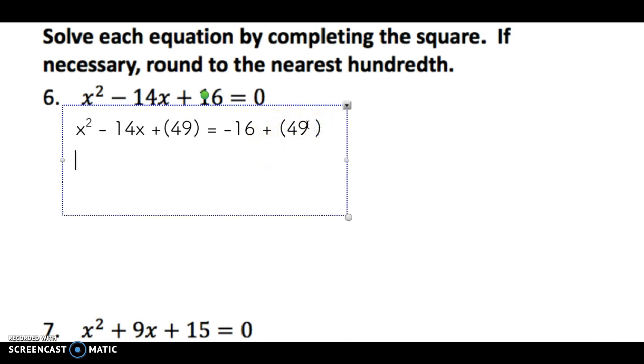If I add 49 to each side of my equation, now I have a perfect square trinomial. So this is going to be (x minus 7) squared equals, what's negative 16 plus 49? It's 33, right?